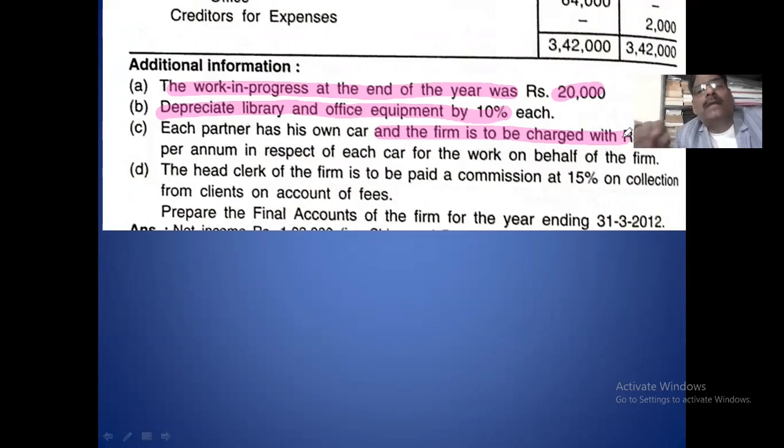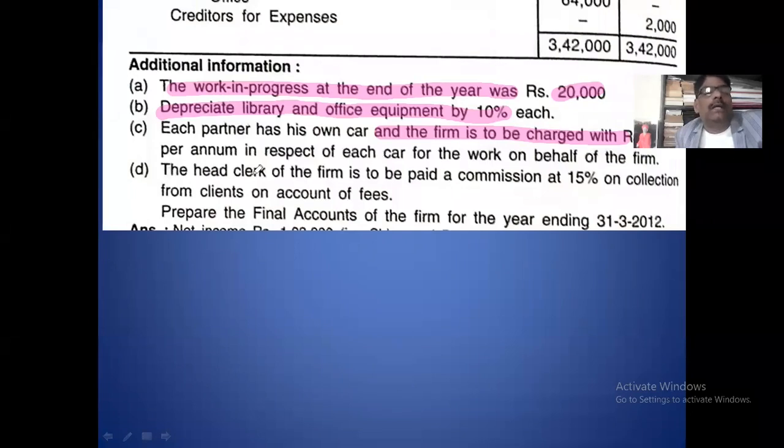Therefore, car expense you take on the debit side of income and expenditure account, and then you add in the capital.